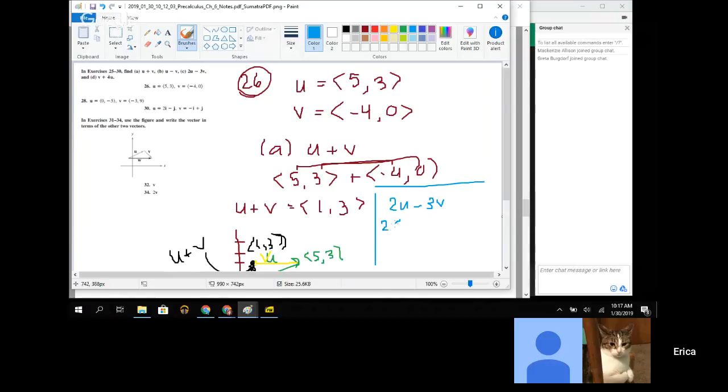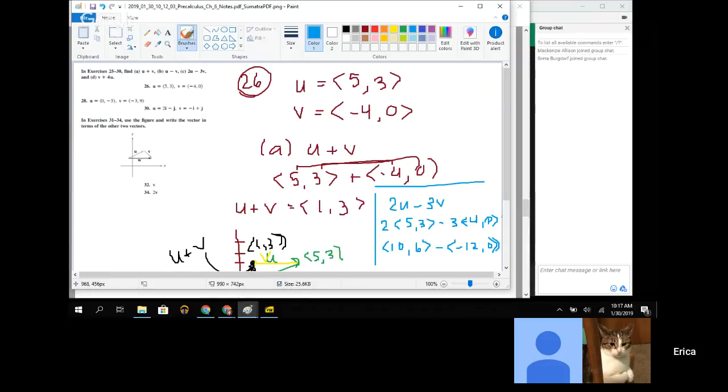So u is 5, 3 minus 3 times negative 4, 0. So you're going to go ahead and multiply by the scalar first. So you would get 10, 6 minus negative 12, 0.